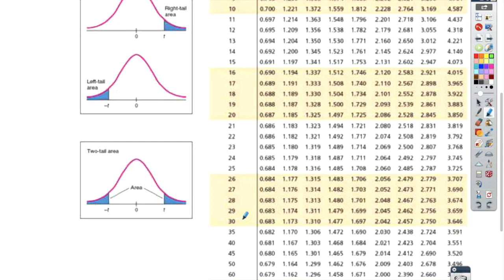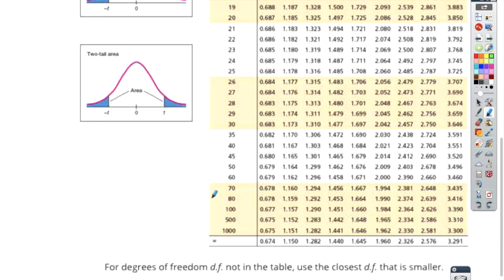But after 30, we start skipping. So 30 and then 35, now we're counting by 5s. Once we reach 50, now we're counting by 10s: 50, 60, 70, 80. Then 80 jumps to 100, 100 jumps to 500, and 500 jumps up to 1,000.